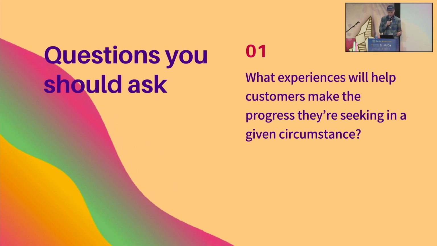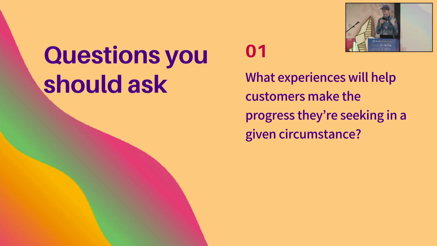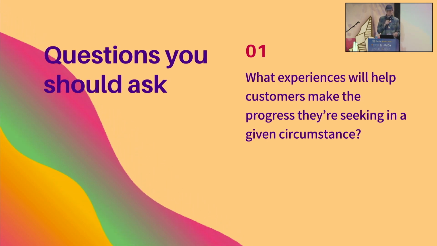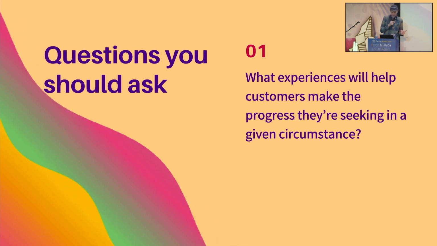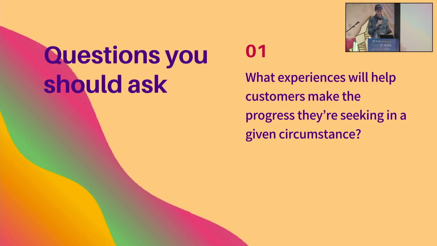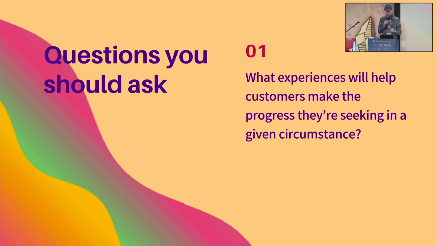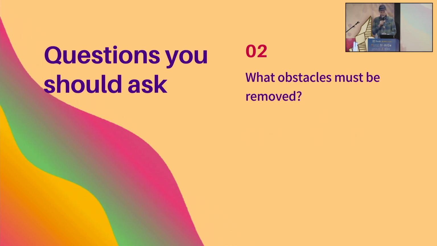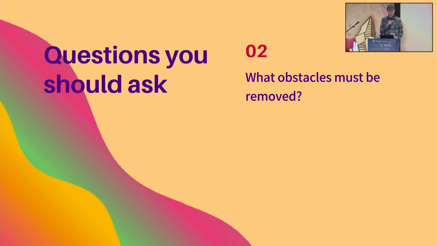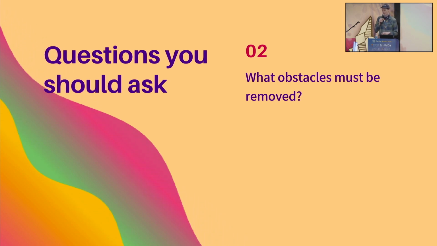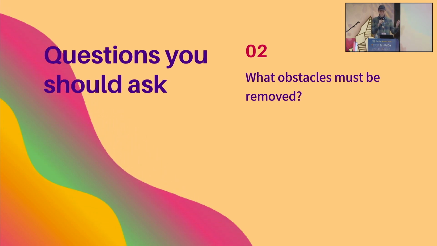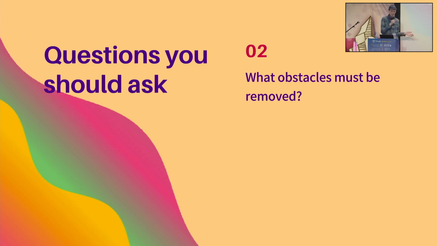The questions you should ask yourself if you're using the jobs to be done framework: first, what experiences will help customers make the progress they're seeking in a given circumstance? And what obstacles must be removed? I think a great example of this one is Uber.